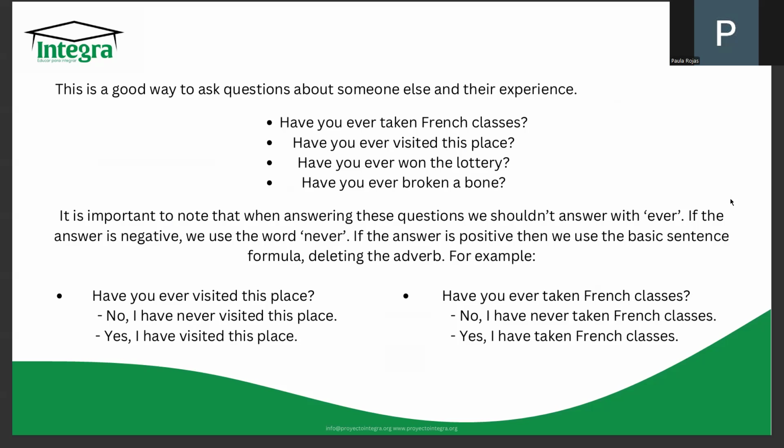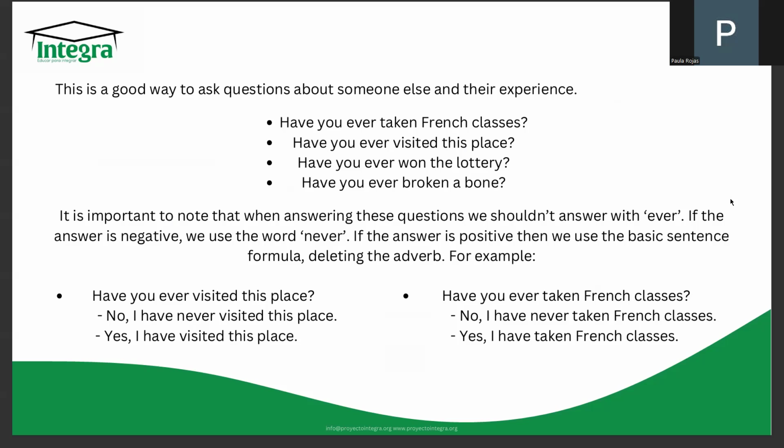For example, so that it's a little more clear, have you ever visited this place? Right? We're asking a question and we're adding the word ever. But when we answer, we say, no, I have never visited this place. In case that it's negative, we take the word ever and we change it to never.